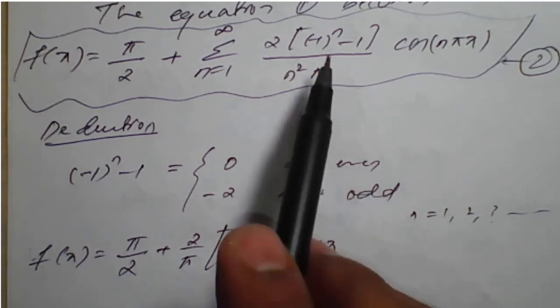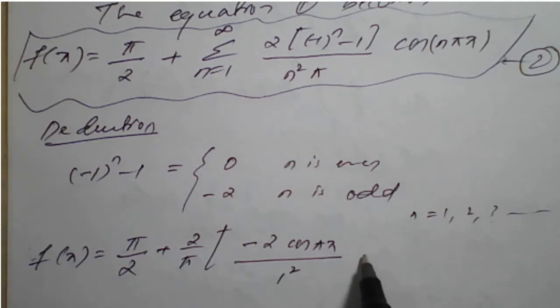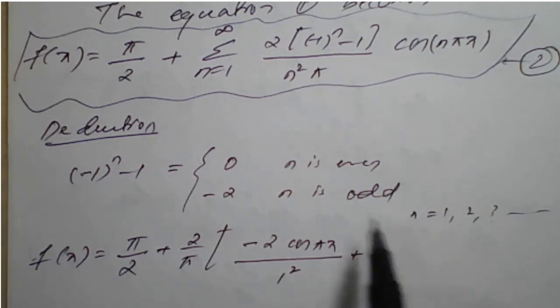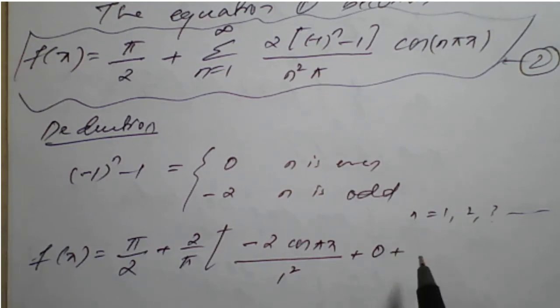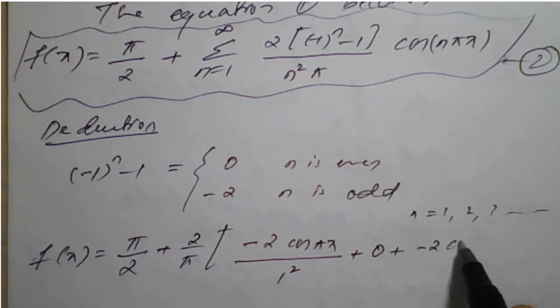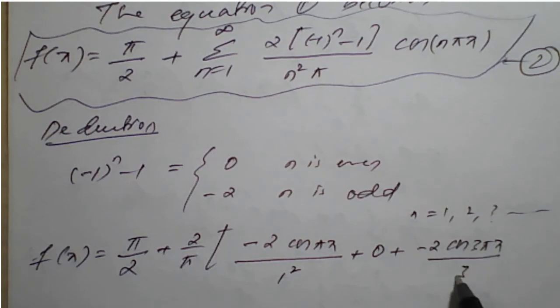If n = 2, even number, 0, so next term is plus 0, 0 into anything is completely 0. Next plus again an odd number, 3 here, so -2 into cos(3πx) divided by 3².